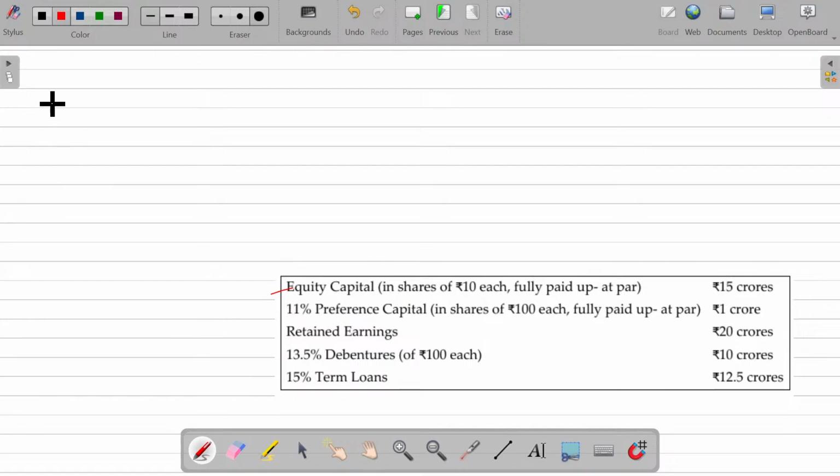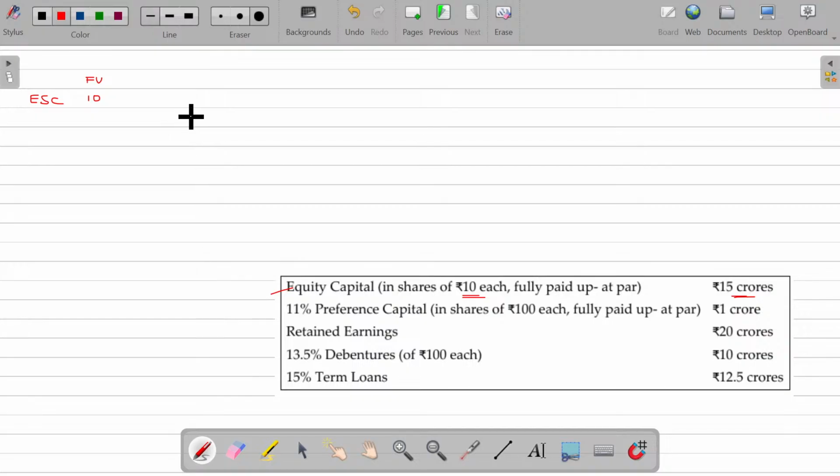We have been given equity share capital of 10 rupees each, fully paid up at par, 15 crores. Face value being 10 rupees. Overall value 15 crores.